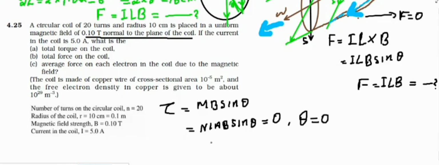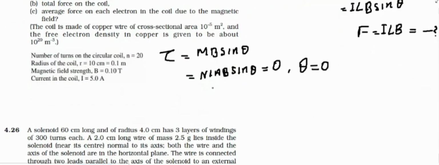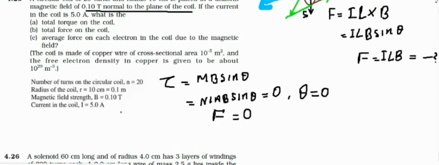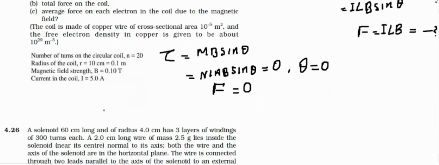Now total force, okay, the force also will be 0. The torque is acting, so force will be 0. Then what is the average force on each electron in the coil due to magnetic field? So average force on each electron in magnetic field.